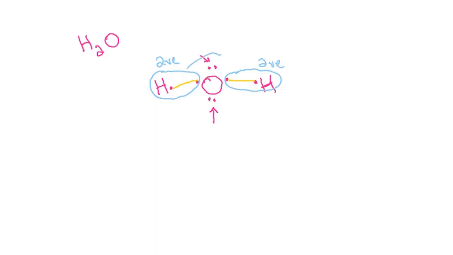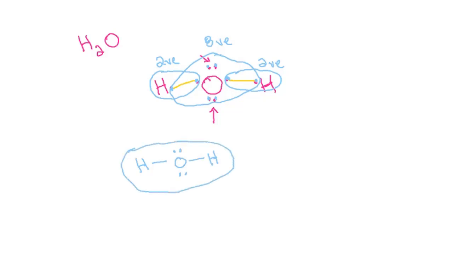And then here is oxygen. So we have 1, 2, 3, 4, 5, 6, 7, 8. 8 valence electrons for oxygen. So that's perfect. So what we got here is H2O, water.